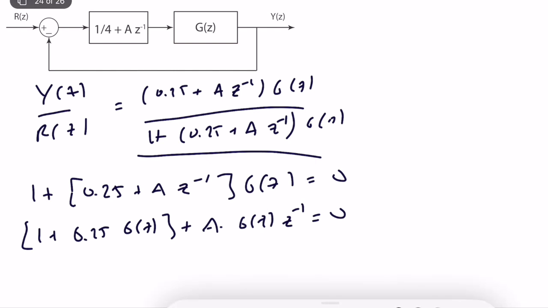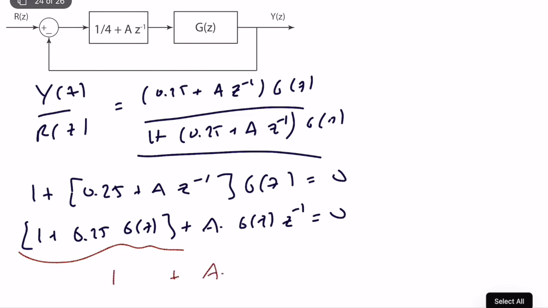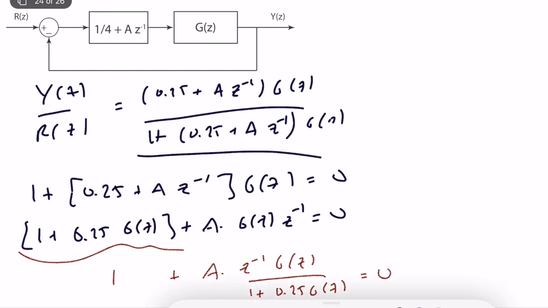If I divide both parts by 1 + 0.25 G(z), what we obtain is 1 + a times z^-1 G(z) divided by 1 + 0.25 G(z) equal to 0. Now we have converted it into a standard form, and let's call this part G bar(z).